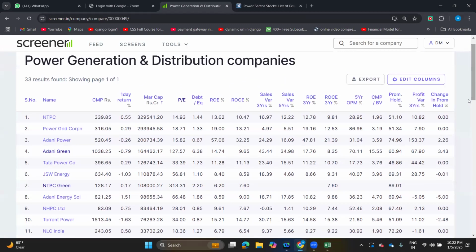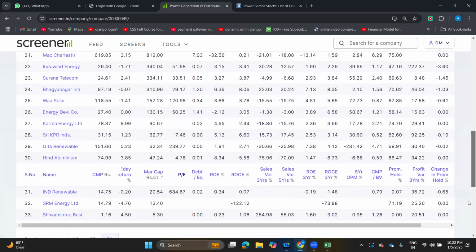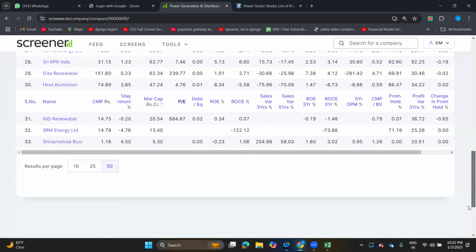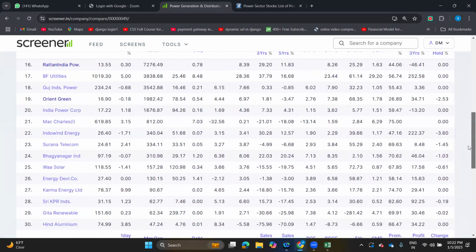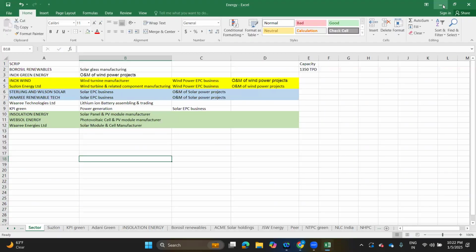You can easily eliminate those distribution companies, but as far as power generation companies are concerned, again it's not a correct approach if we compare these companies, because these are not homogeneous in nature. This list of stocks which are getting displayed is not homogeneous in nature.